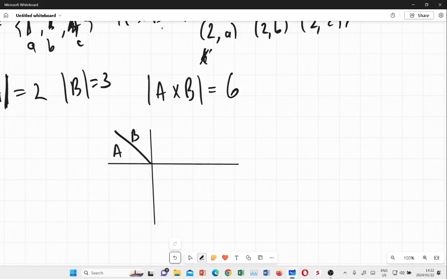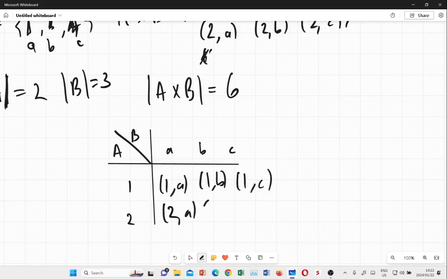So A is going to be 1, 2, and B is A, B, C. This is better for teaching purposes. Then the Cartesian product is going to be 1A, 1B, 1C, 2A, 2B, and 2C. So that's how you construct it.